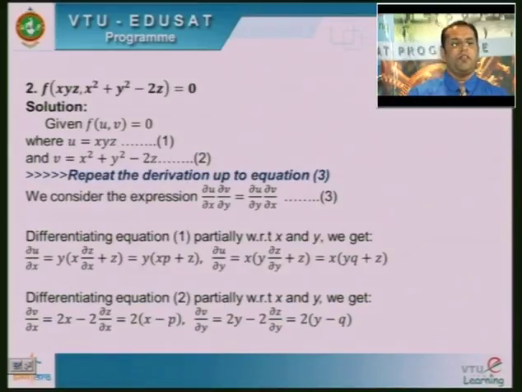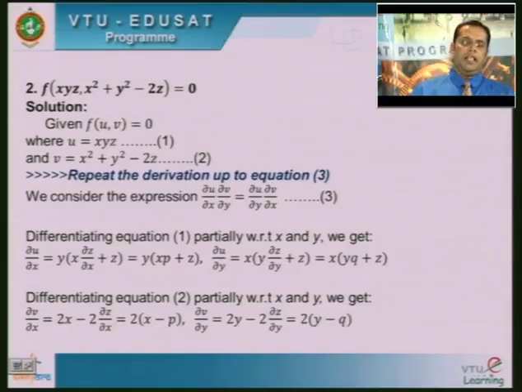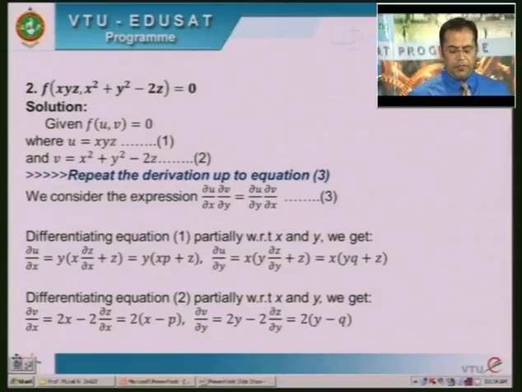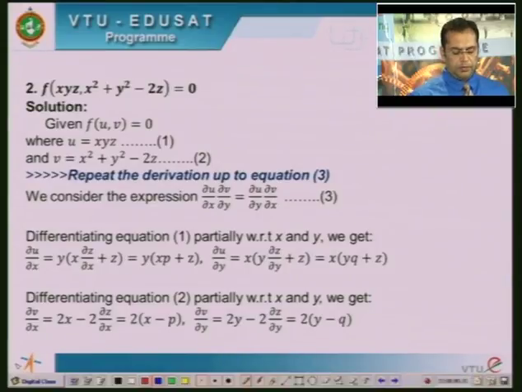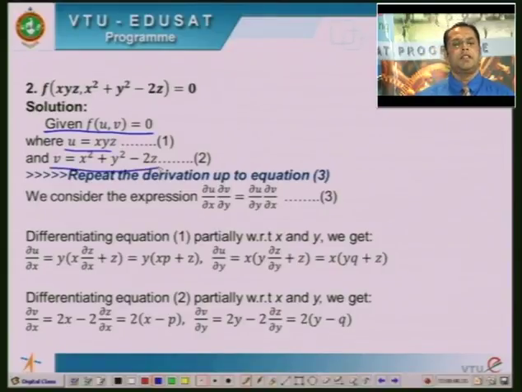Eliminate the function f from the relation f of xyz comma x square plus y square minus 2z equal to 0. As you see, friends, again this relation is in the form f of u comma v equal to 0, where u is the first expression xyz, v is the second expression x square plus y square minus 2z.